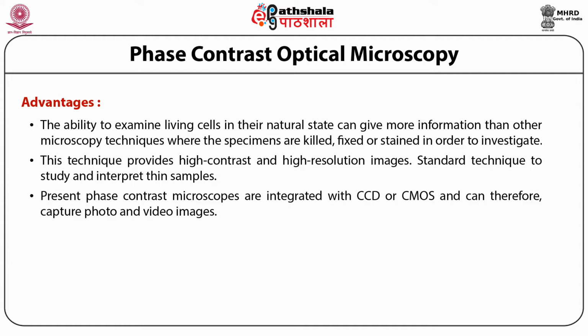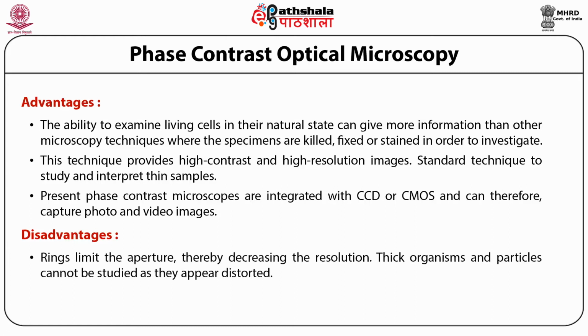Slide 11. Now, let us study the disadvantages of the phase contrast microscopy. First, the rings limit the aperture, thereby decreasing the resolution. Second, thick organisms and particles cannot be studied as they appear distorted.